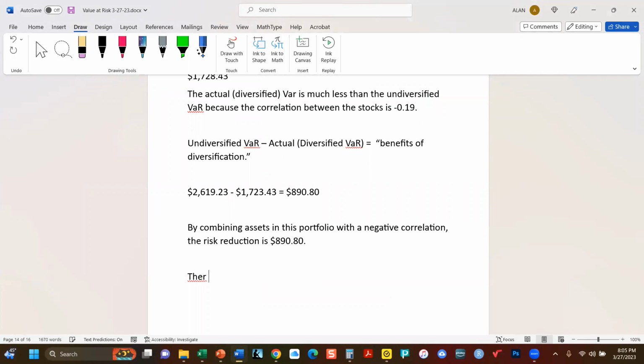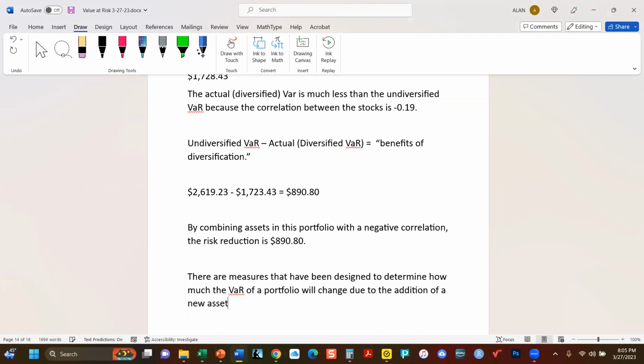There are measures that have been designed to determine how much the VaR of a portfolio will change due to the addition of a new asset or the sale of an existing asset, so that the entire portfolio VaR doesn't have to be recalculated. And you can see this would come in handy with planning purposes.